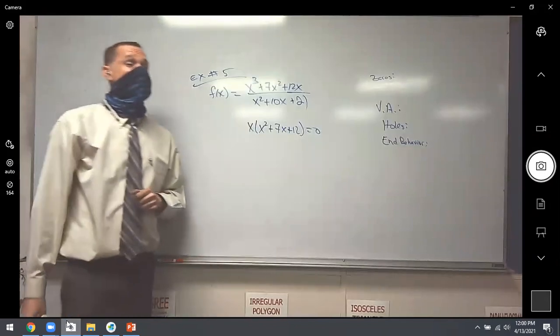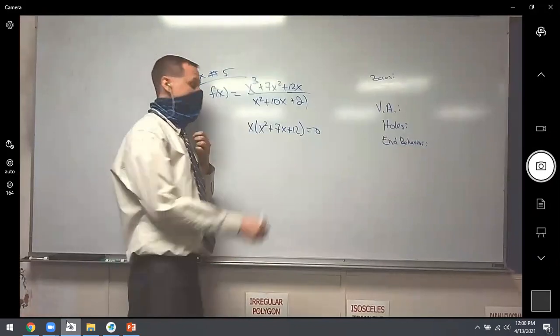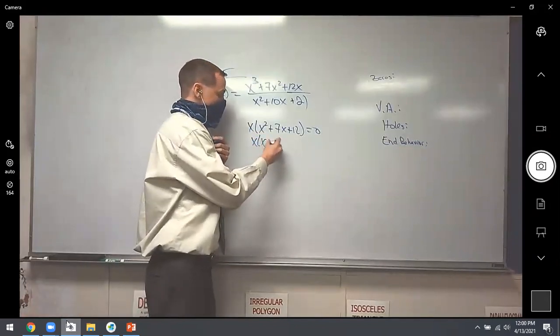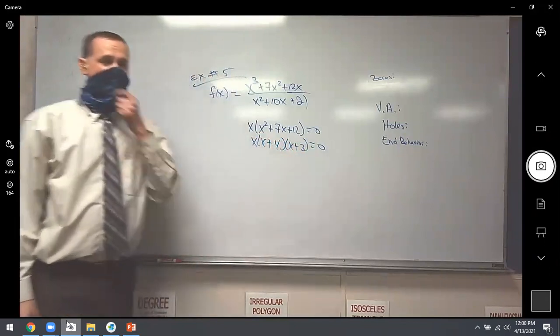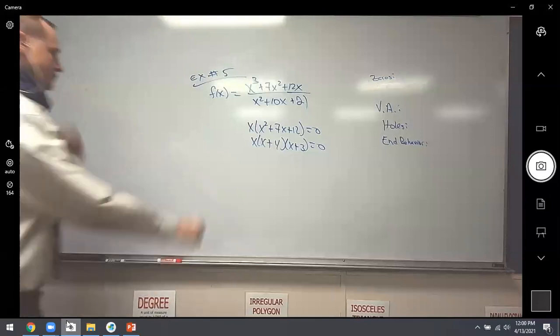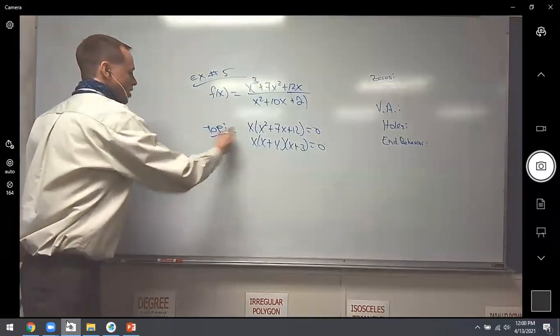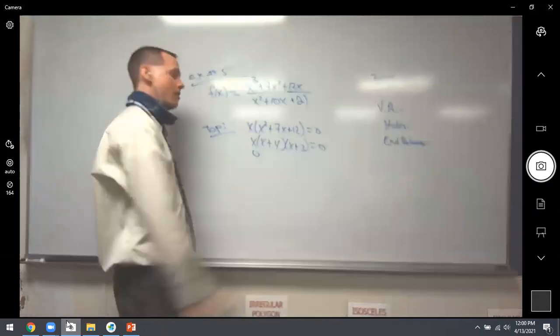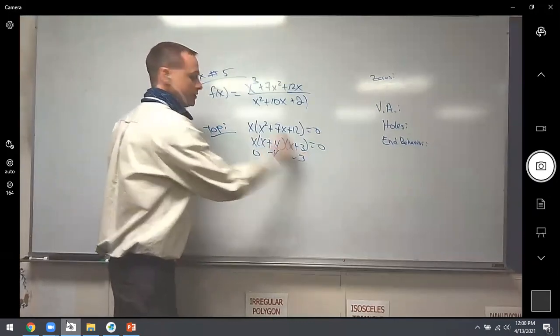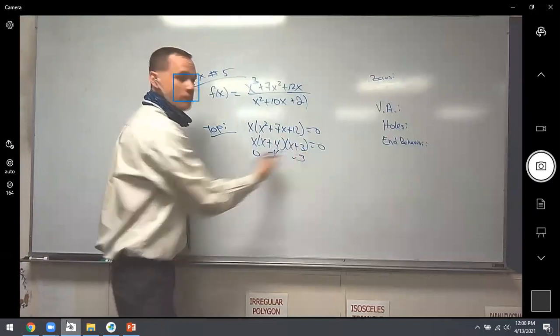Can you think of two numbers that multiply to 12 and add to 7? Yeah, 4 and 3, 3 and 4, whatever you want to say. So looking at the top, what makes the top 0? 0, -4, and -3. Would you agree?